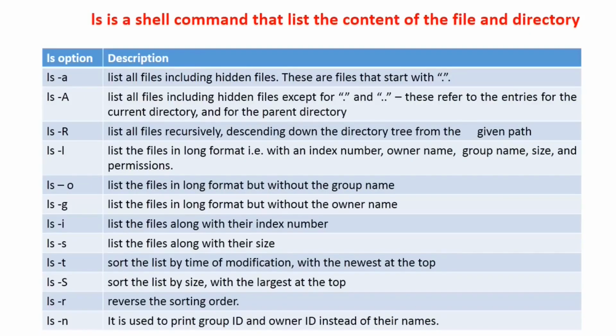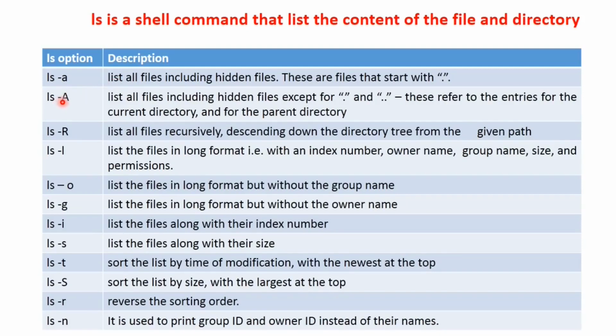Now let us discuss the ls command. What is the ls command? The ls command is a command line utility used to list all the contents of a directory. There are different options available along with the ls command. The first one is ls -a, which lists all the files including hidden files.